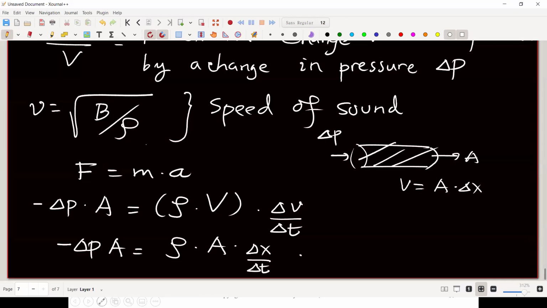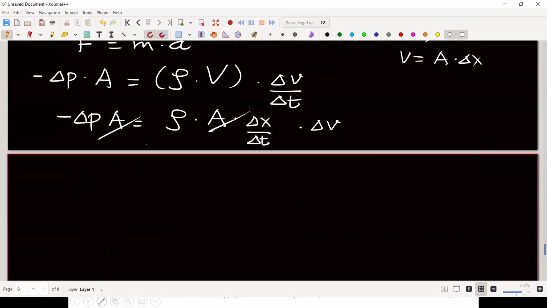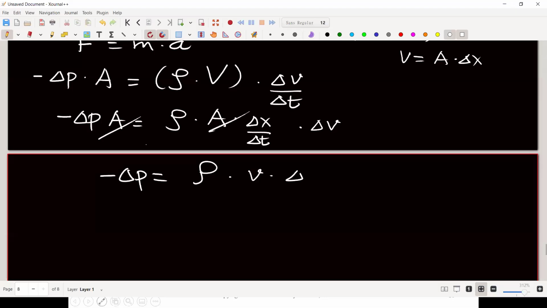Okay, this one is delta x, delta V. We can divide this one. So we get that minus delta P is equal to rho delta x over delta t times delta v.